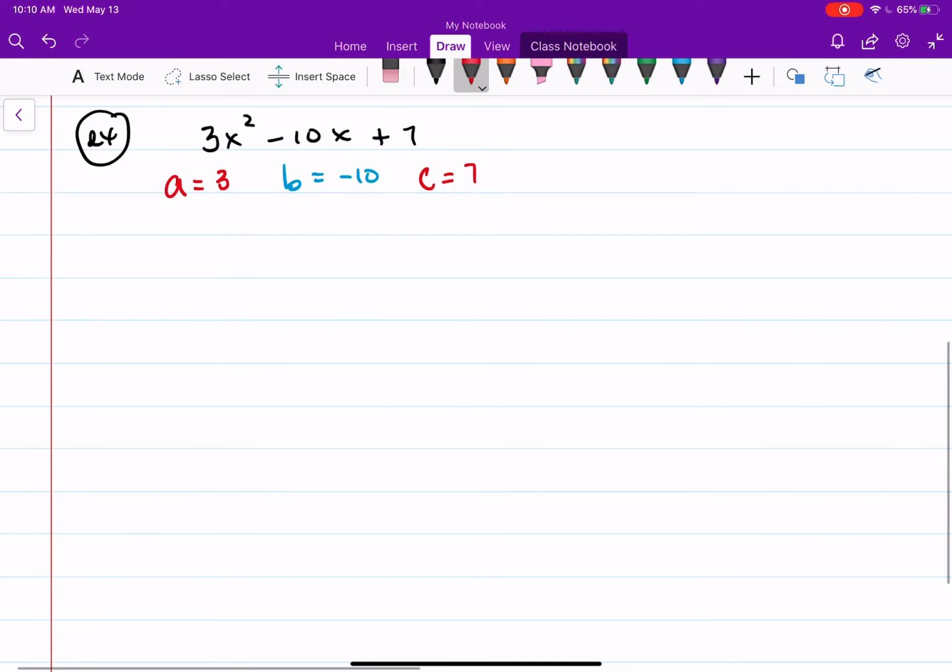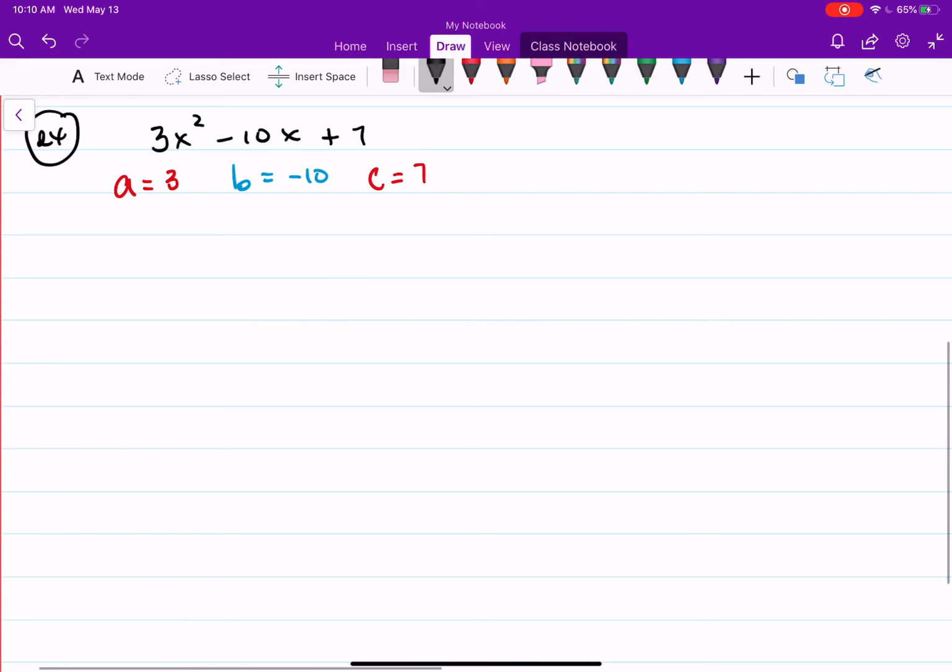So step one is A times C, that's equal to 3 times 7, which is equal to 21. B is equal to negative 10.